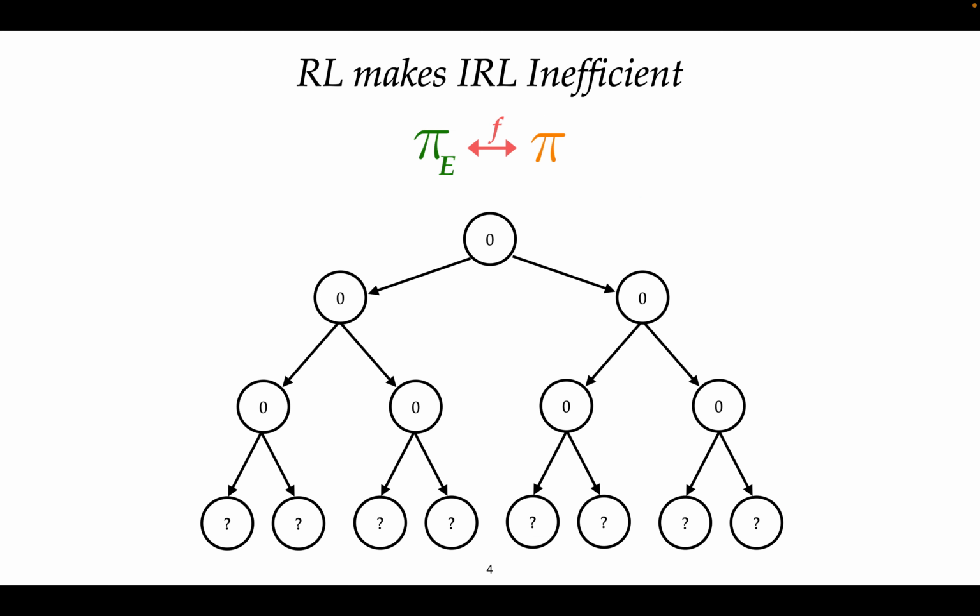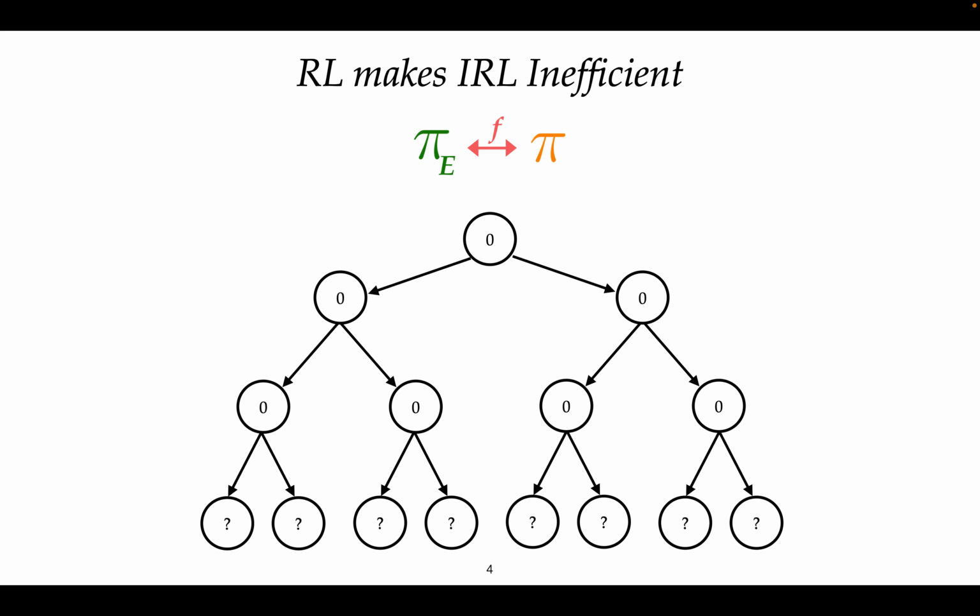So let's go through a concrete example of why reinforcement learning can make inverse reinforcement learning inefficient. Let's consider the learner is operating in the following binary tree MDP. They start at the top, and at each time step, they can either go left or right. And let's say we constrain the adversary, the discriminator here, to pick reward functions that are 0 everywhere, except for one of the leaf nodes.